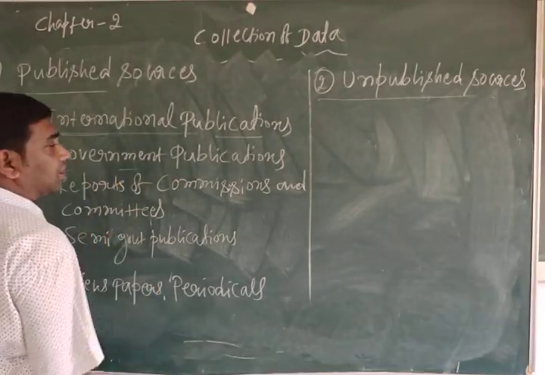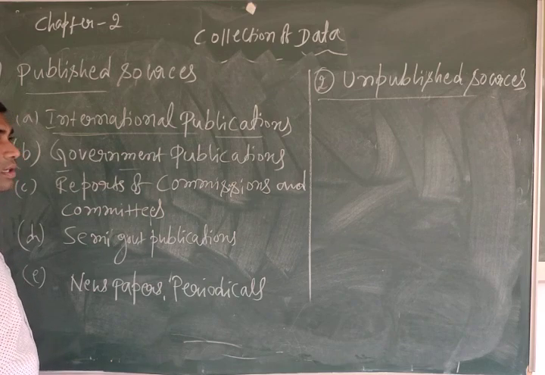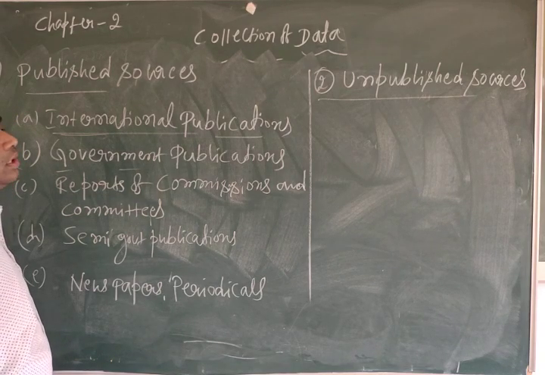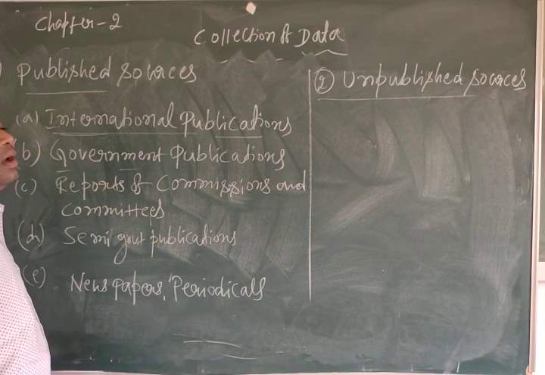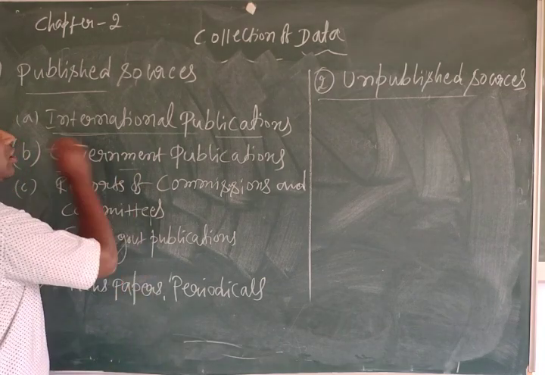Then government publications. Each and every country has a government. To know about our home country, the development rate, the growth rate, the poverty, we can understand everything through government publications.